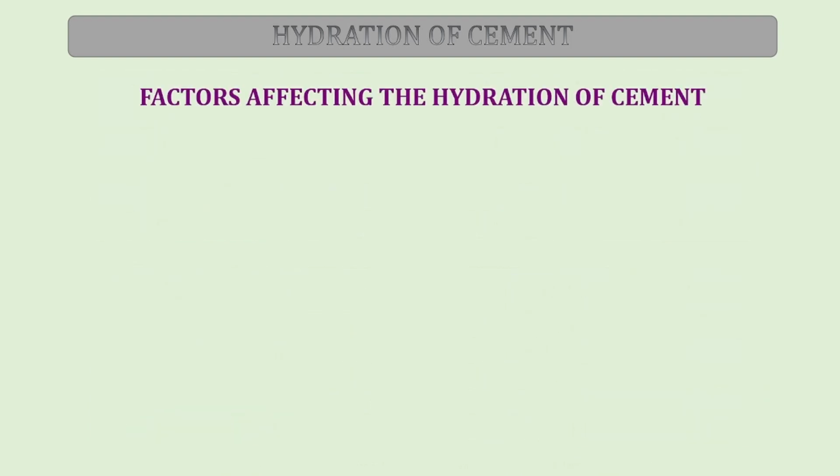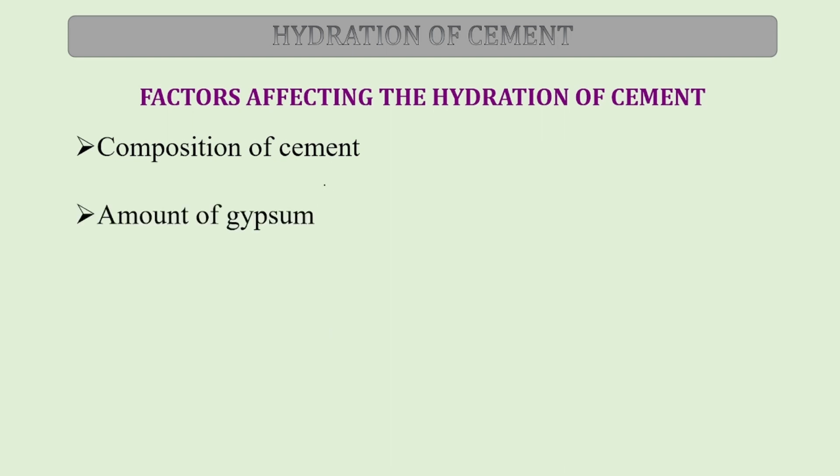So, the factors affecting the hydration of cement are as follows. The first one is the composition of cement. Now, the presence of pure compounds with proper composition is obviously very important. We have already discussed this in today's class, with the example of road and batching plant also we have seen. The second one is the amount of gypsum.